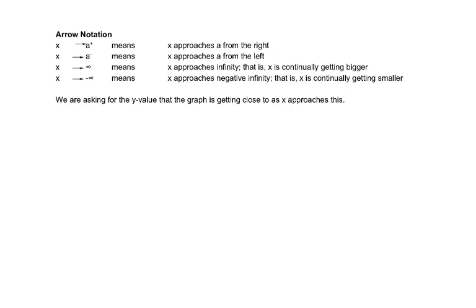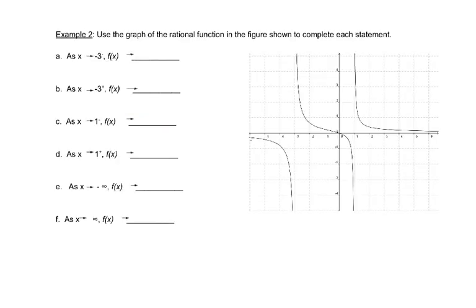The next thing we'll talk about is arrow notation. And arrow notation is just a way of looking for y values at certain x values. So we'll just look at that in the next example. So in this example, part A says that x is going to negative 3, and that little negative sign after the 3 means from the left.